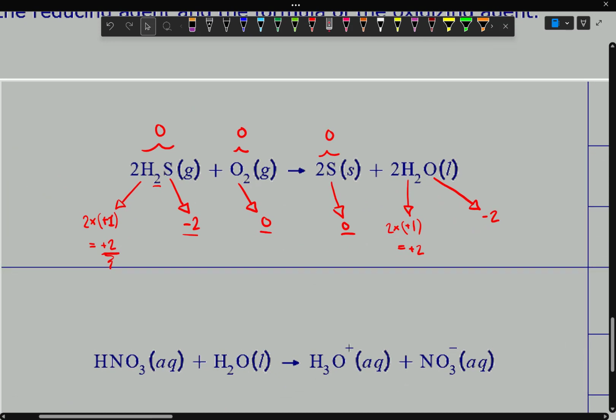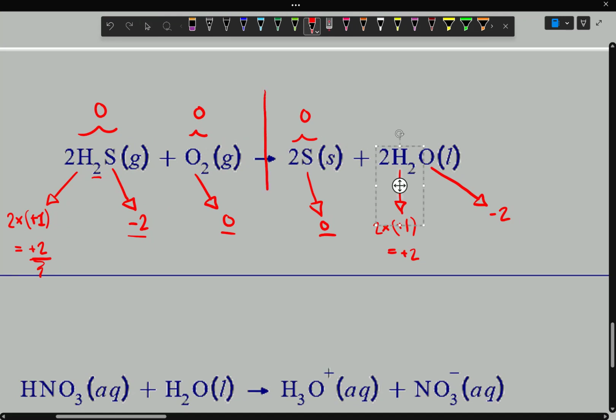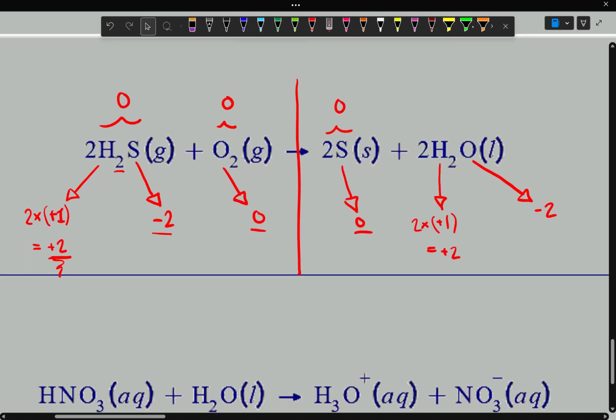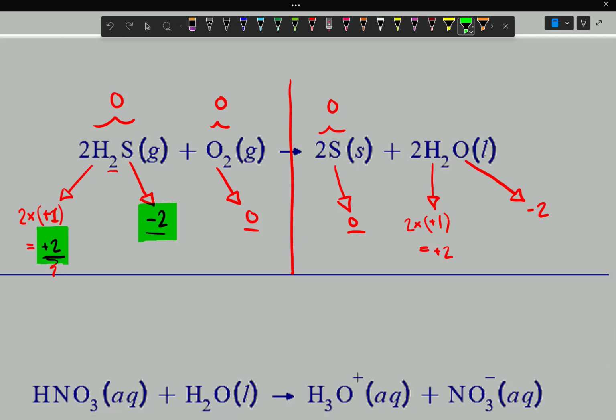So now we have to look at either side of the equation. On the left side, we have a +2 for hydrogen, a -2 for the sulfur, and a 0 for the oxygen.